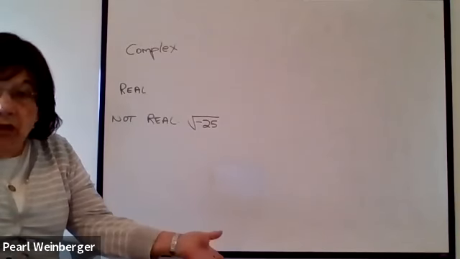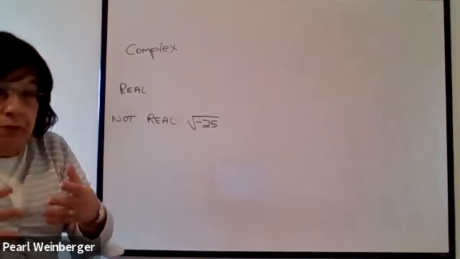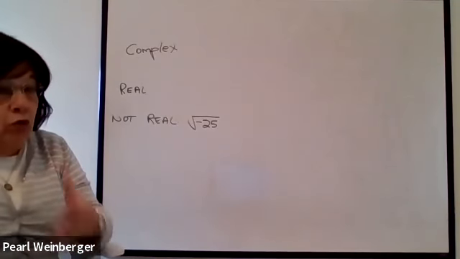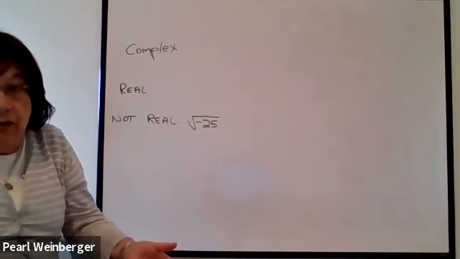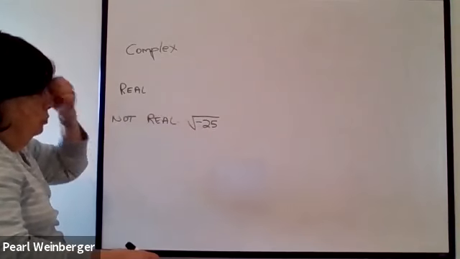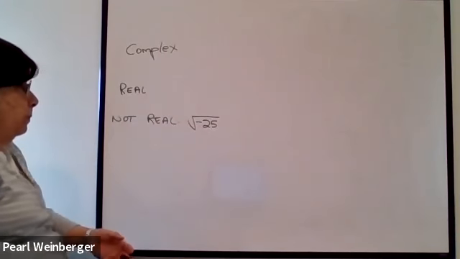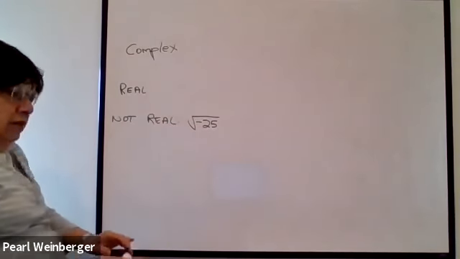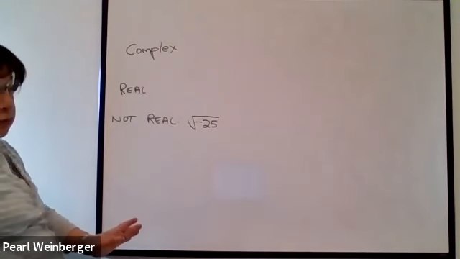Real numbers are either positive or negative, and anytime you multiply either a positive or a negative number by itself, the answer turns out to be positive. So what do we do with this type of number? As I said, in the real number system, we just say, too bad, can't do.